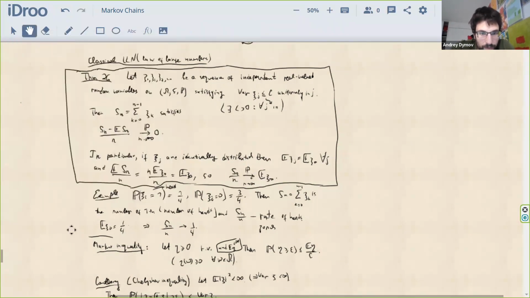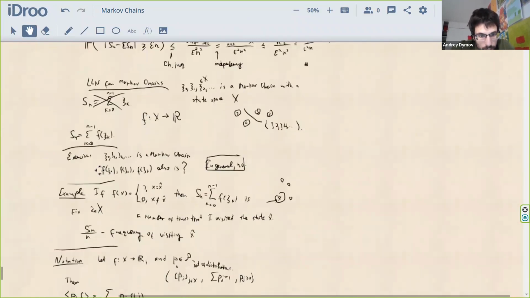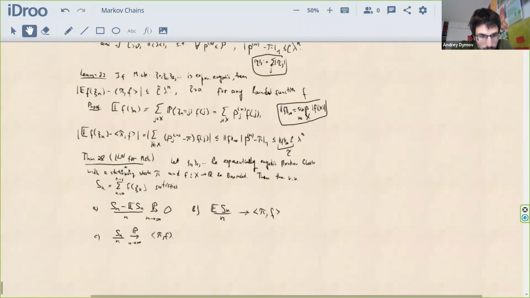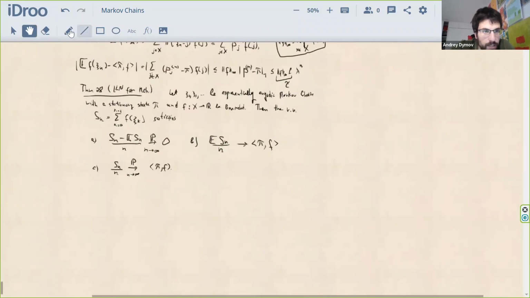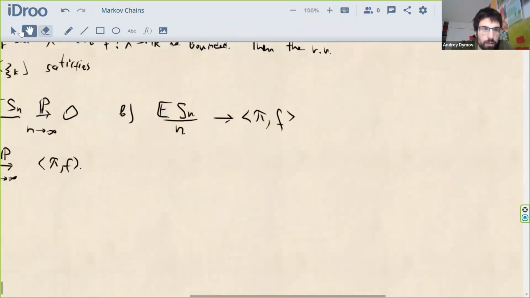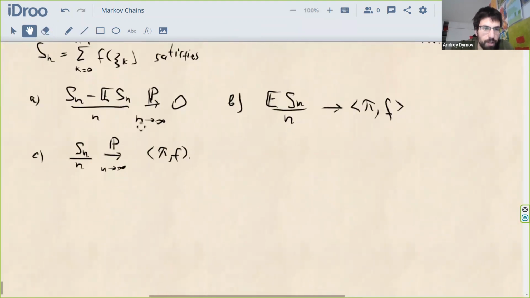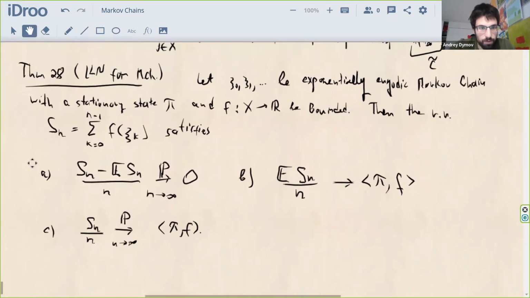For the Markov chain, we have a somewhat similar situation. But here Sn over n converges not just to a constant as in the case of identically distributed random variables, but to some constant, which is the action of the stationary measure pi on the function f.